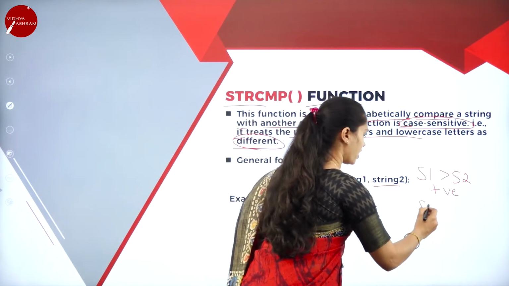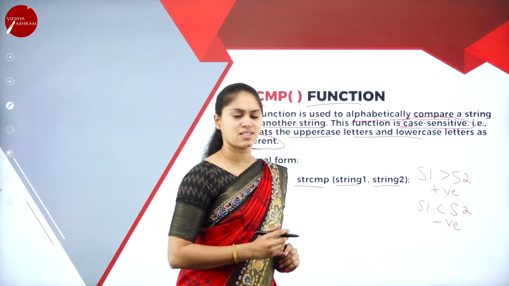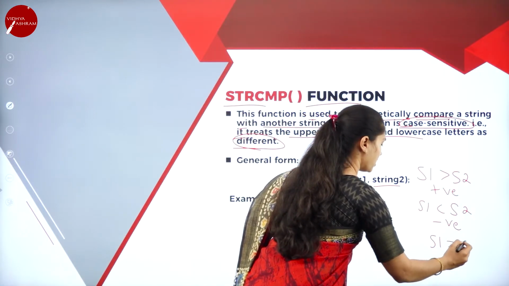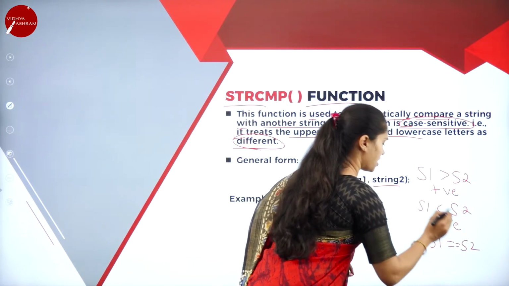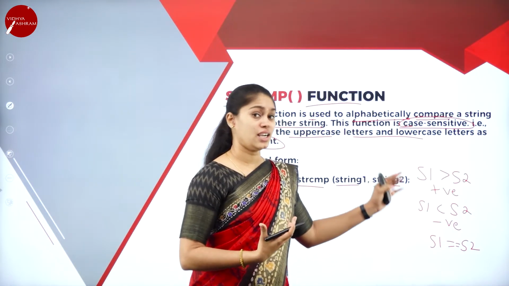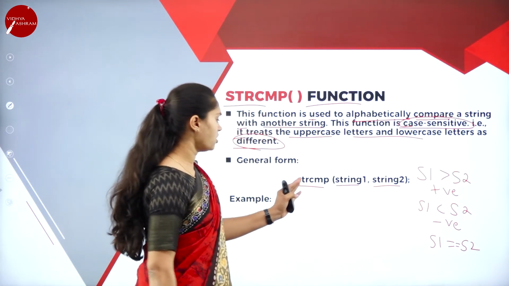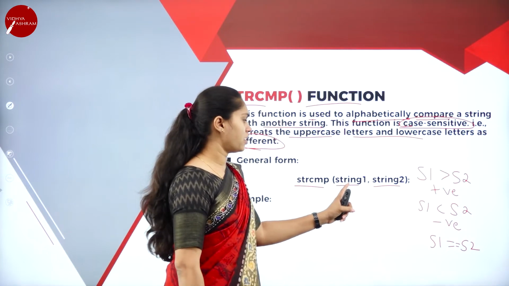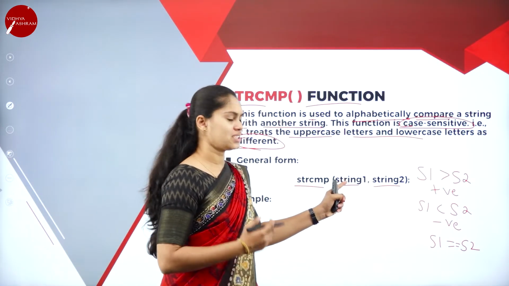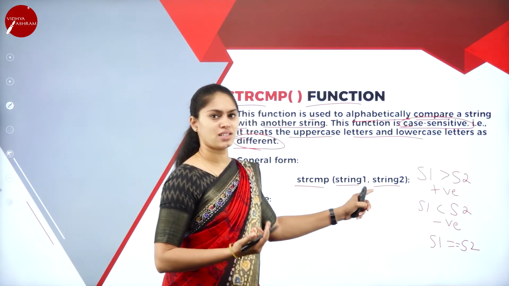When string 1 is lesser than string 2, it will return a negative value, and it will return 0 when string 1 is equal to string 2. So these are the three rules you have to understand. It takes place based on the ASCII character. So str1 will be compared with string 2. If the ASCII value of string 1 is greater than string 2, it will return the positive value.